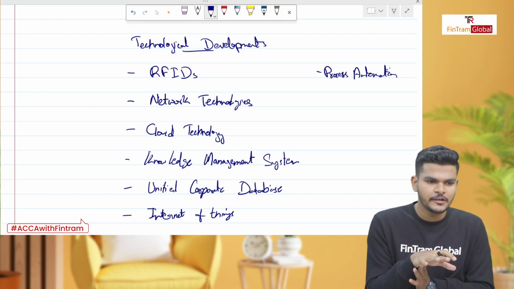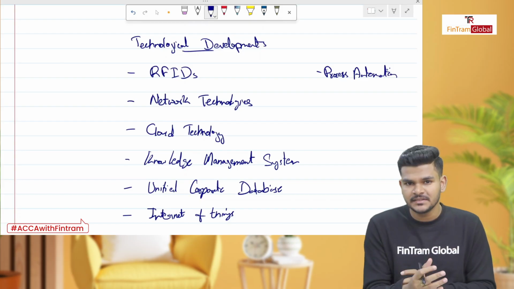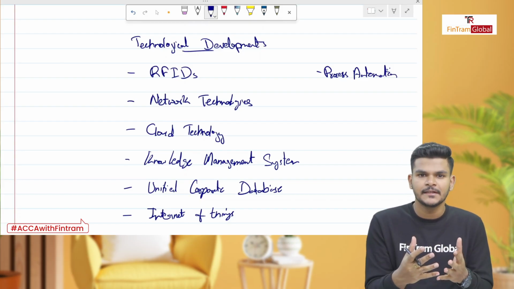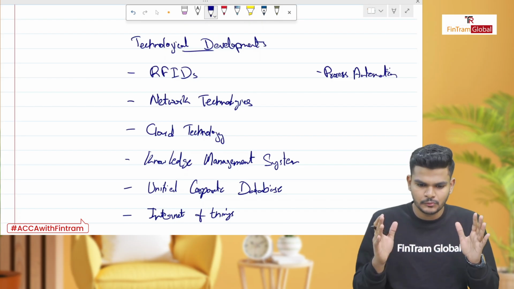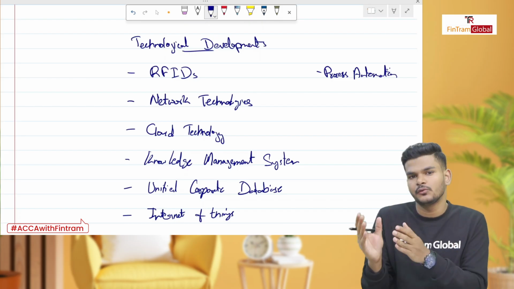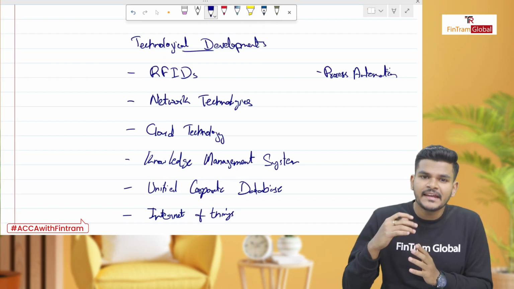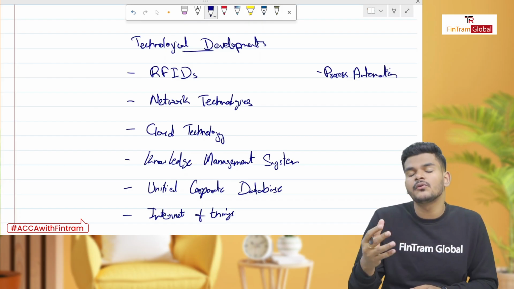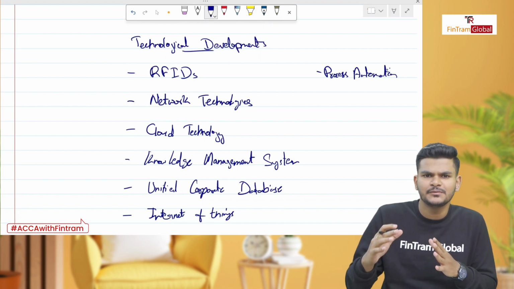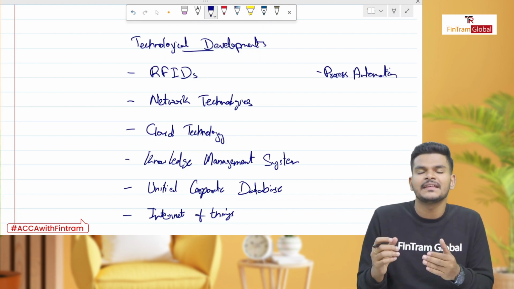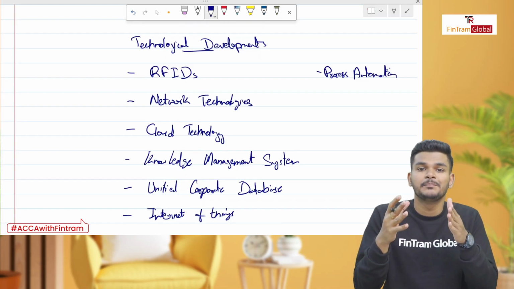So, the primary focus of certain businesses nowadays is to implement these for one particular reason. Every organization has core activities as well as non-core activities. The idea for these organizations is to automate the non-core activities, as in those activities which don't really add value, or which are not exactly the organization's actual business model.